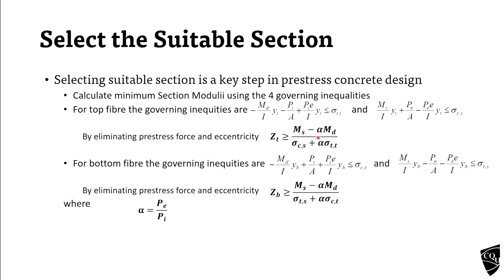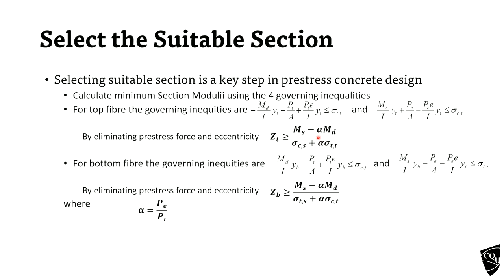So if we look at these two conditions, we know our section modulus for top and bottom fibers should be larger than this.